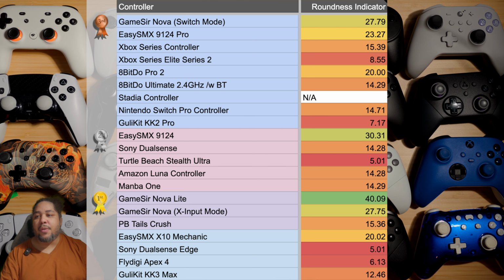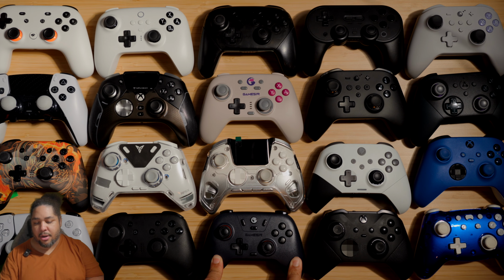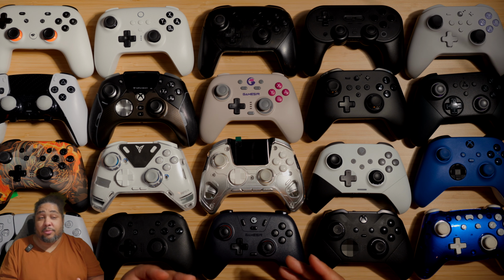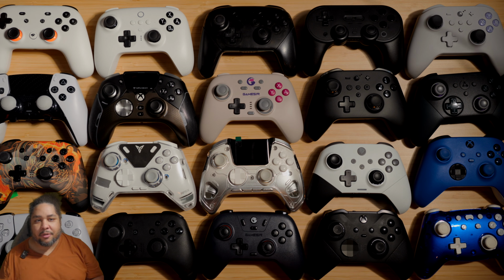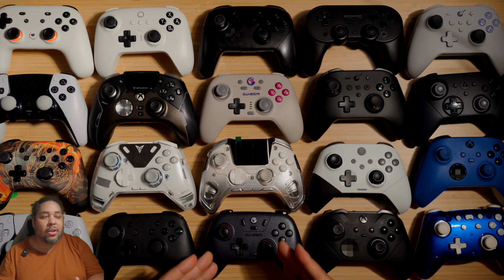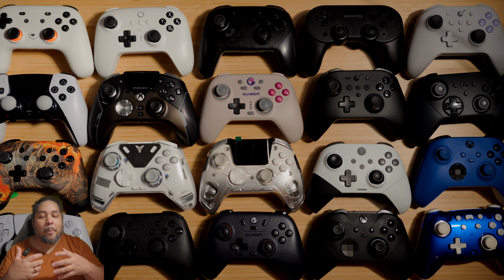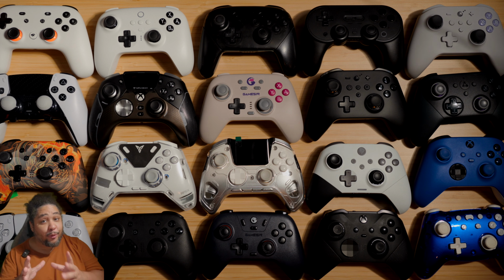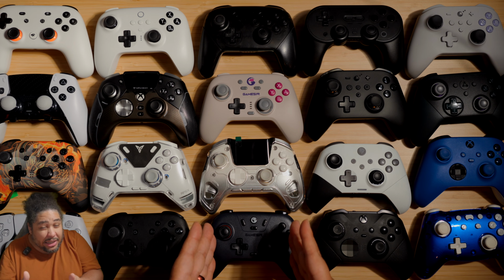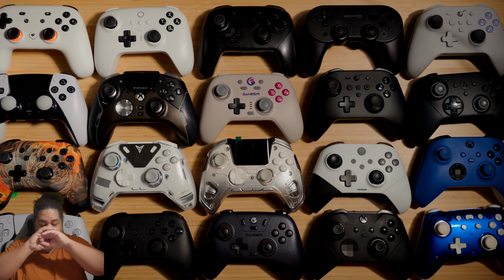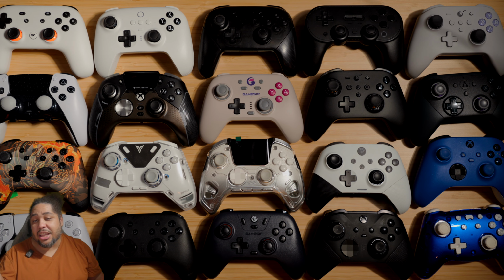Even if you know that you're going to buy better, I feel like this is a point of entry that you shouldn't cheat yourself out of, because first, it's so inexpensive, especially in today's economy. But also it's so packed with quality, not features at all. I repeat myself, not features, but the quality packed in this product is mind-blowing for the price. And that's why it is top tier in our Roundness Indicator.